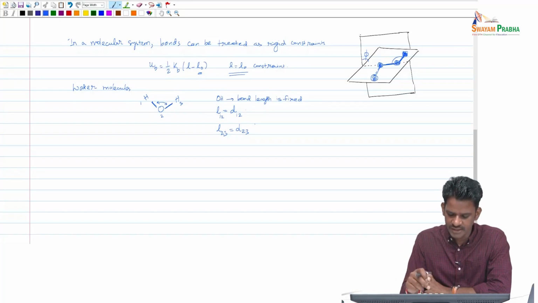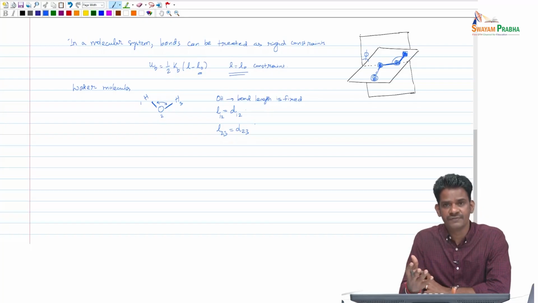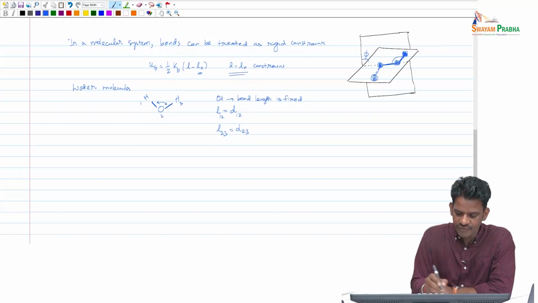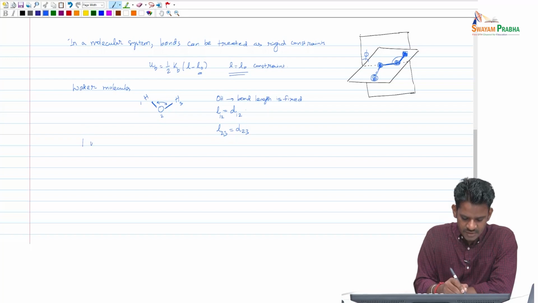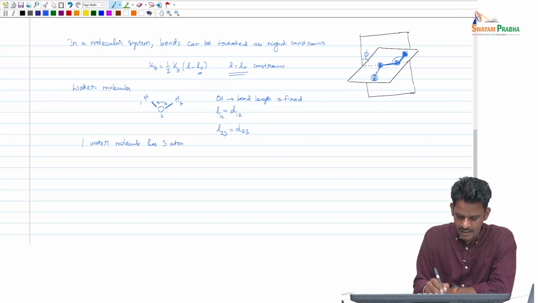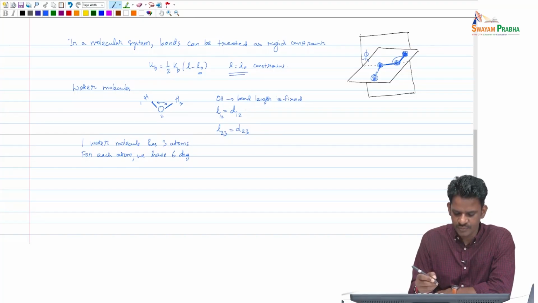Now, when you constrain certain variables like this, it affects the number of degrees of freedom in the system. For example, if you do not constrain, what is the number of degrees of freedom for a water molecule? One water molecule has 3 atoms, and for each atom we have 6 degrees of freedom, 3 for the position and 3 for the momentum.